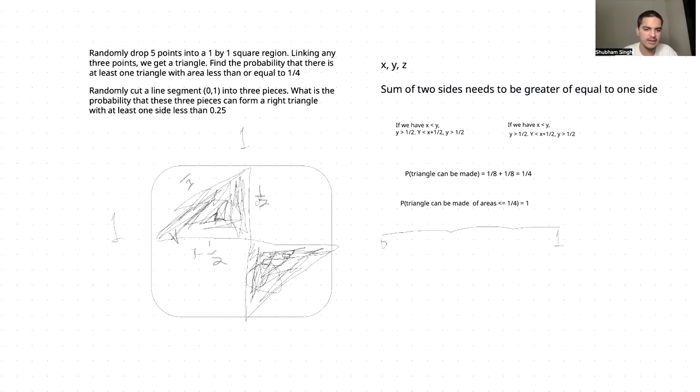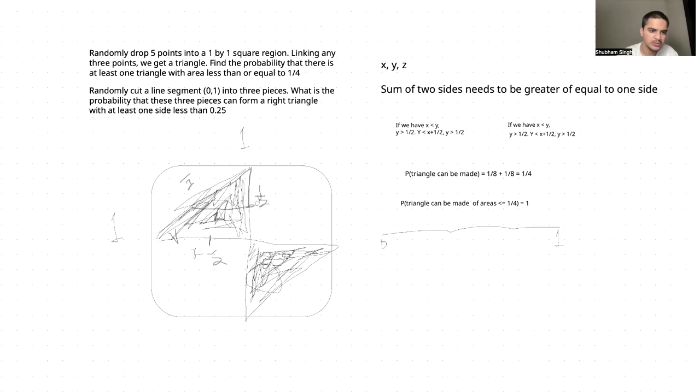So now we see that we can form right triangles with, let's say, at least one side less than 1 by 4. Let me change the color.